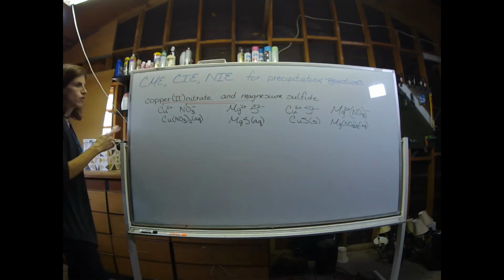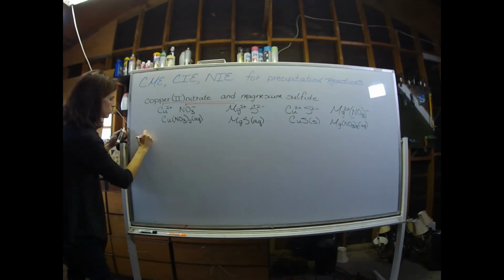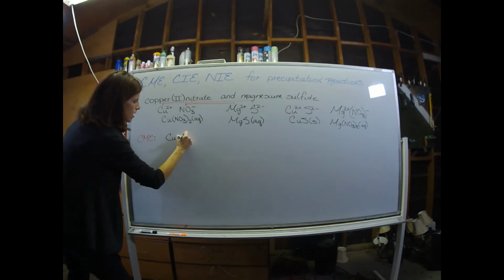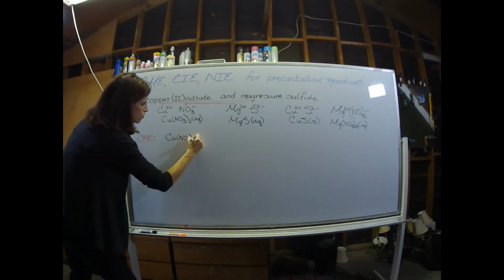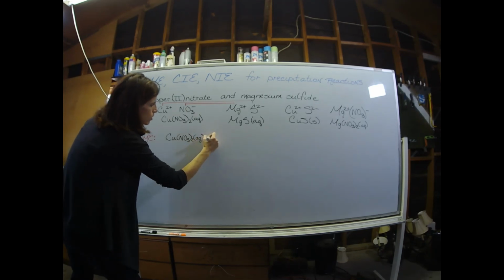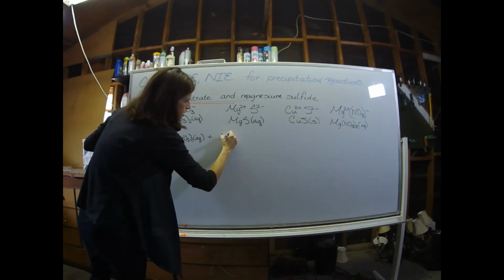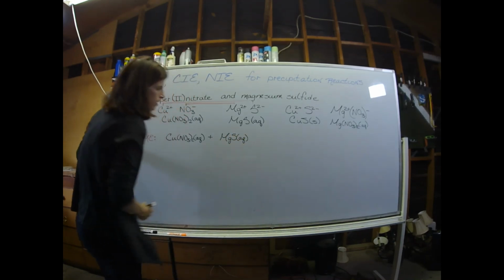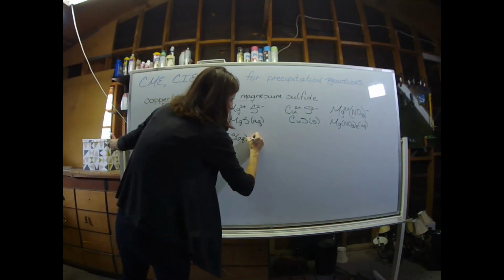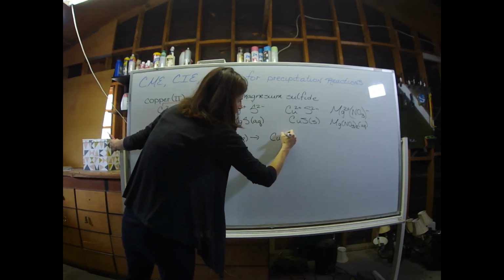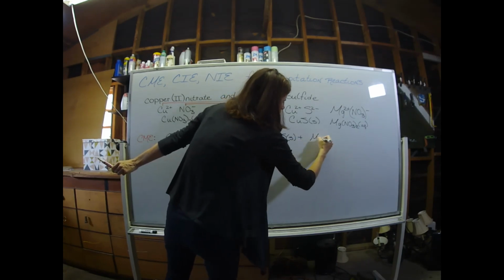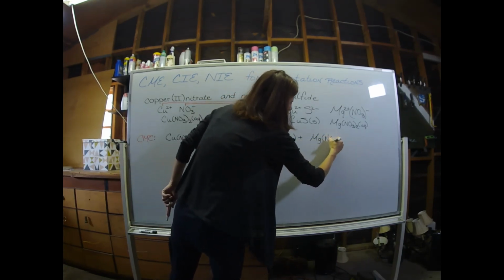Putting this all together in our complete molecular equation, I have Cu(NO3)2 aqueous plus MgS aqueous, magnesium sulfide, goes to form copper sulfide, which is a solid, and aqueous magnesium nitrate.